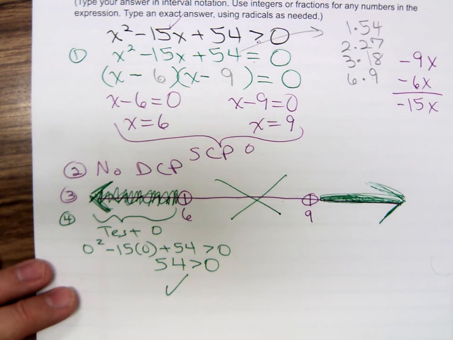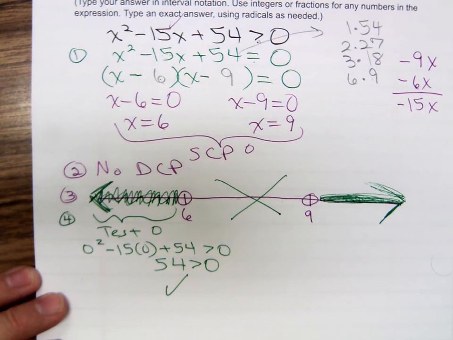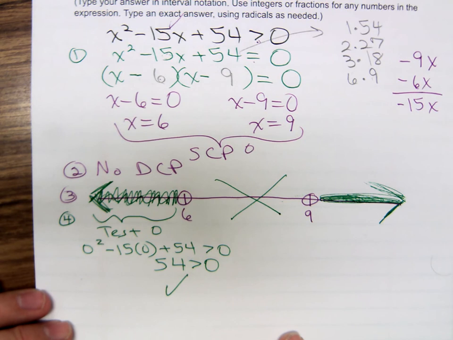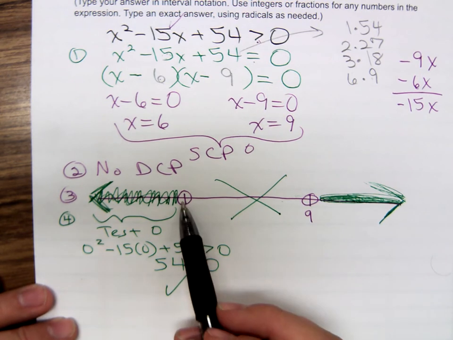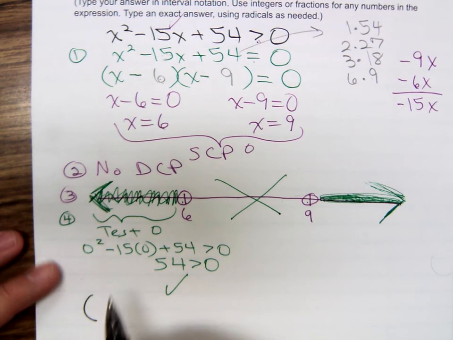And our final step is to express the shaded intervals using interval notation. Am I going to have any rectangular brackets in my interval notation? I use rectangular brackets when I have what on the number line? Those shaded circles. These are open circles, so no brackets. It's all parentheses.